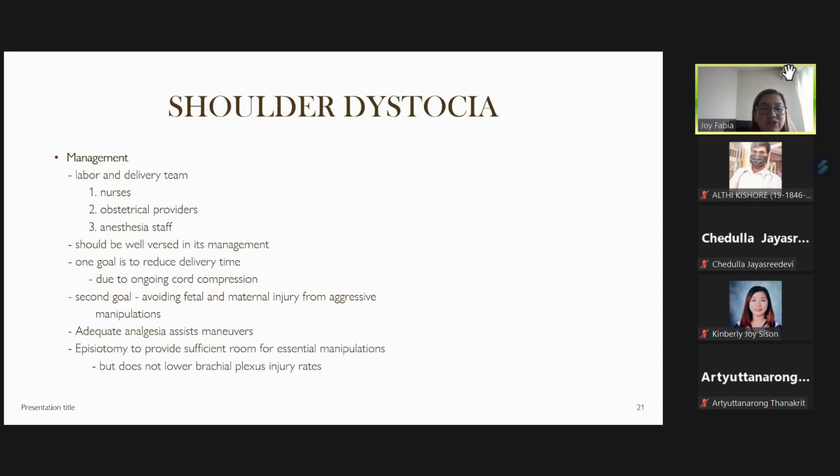During the management of labor and delivery, the labor and delivery team must be complete. We should have nurses who know how to do the shoulder dystocia maneuvers, the obstetrical providers or doctors, and the anesthesia staff.